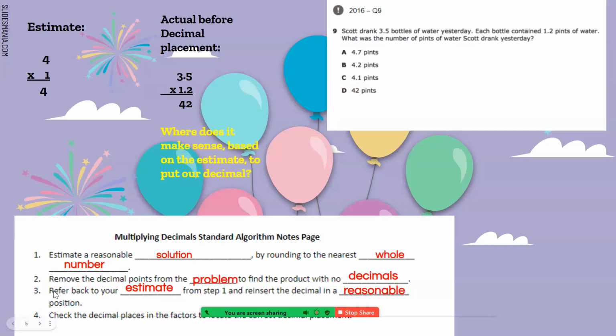And so that's step number 3. Refer back to your estimate from step 1 and reinsert the decimal in a reasonable position. And so here it is, 4 2/10 is really close to 4. So that B should be my answer. And then check the decimal place. I can't see the bottom of my sheet. And just make sure that your answer is reasonable and makes sense.